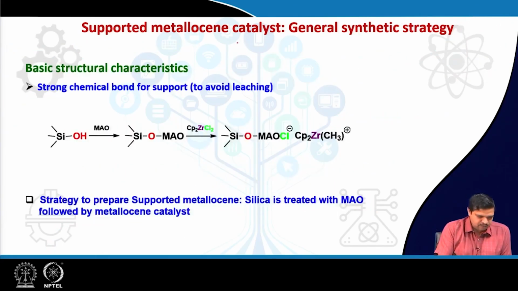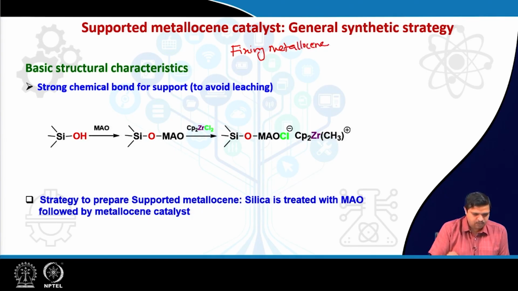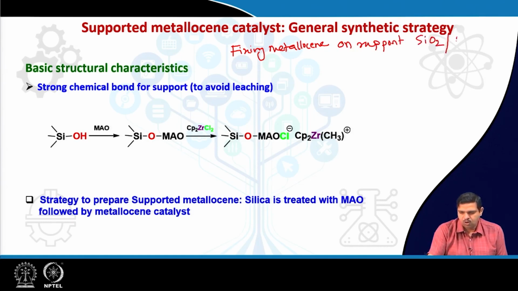Basically, by fixing the metallocene on a support. Support means either SiO2 or Al2O3, or maybe aluminosilicates; all these combinations can be done.